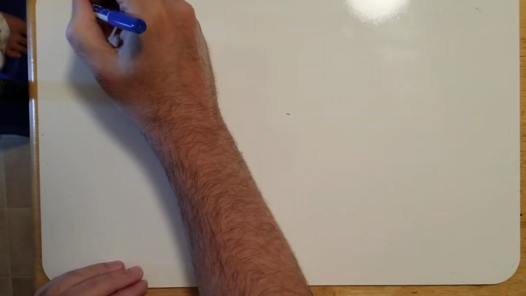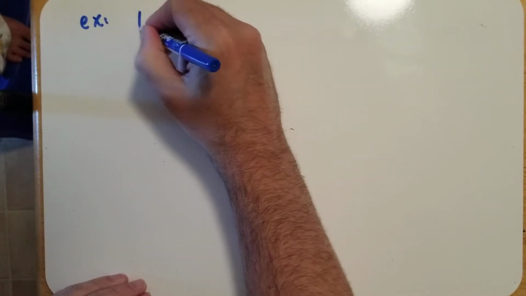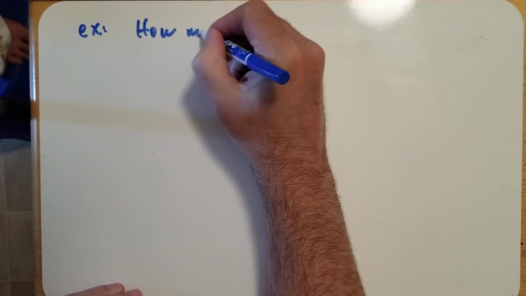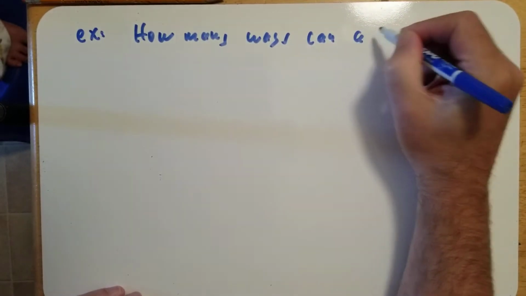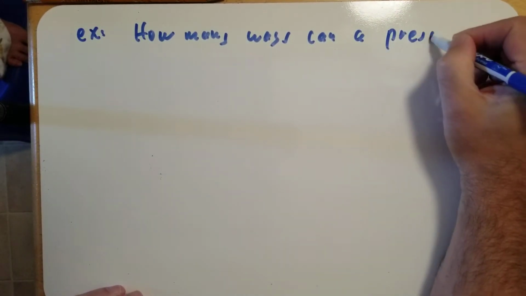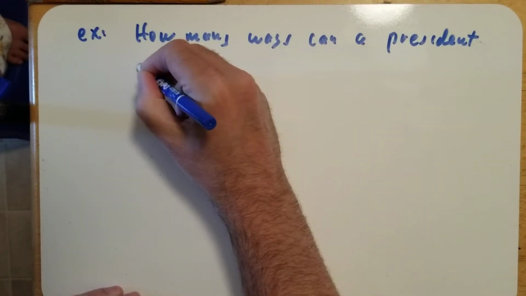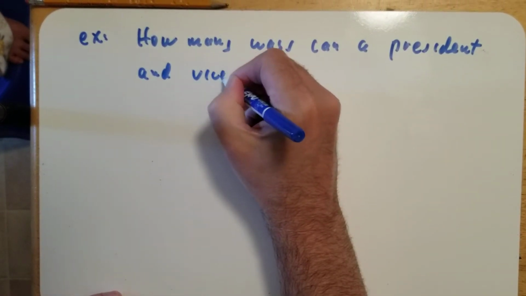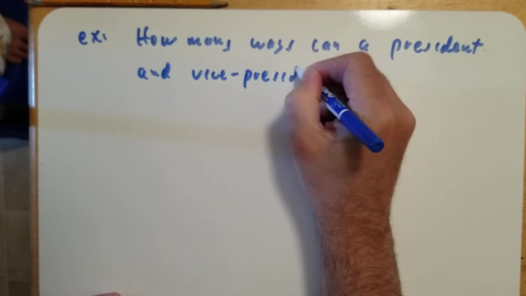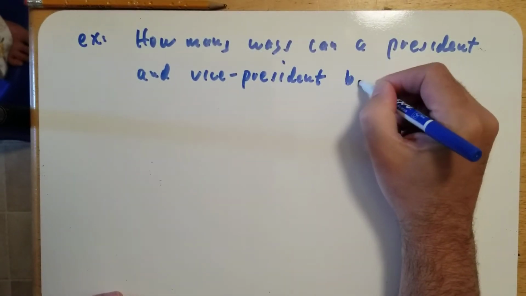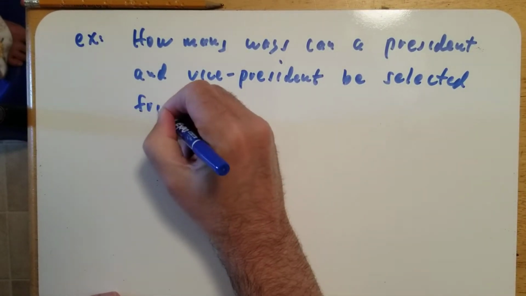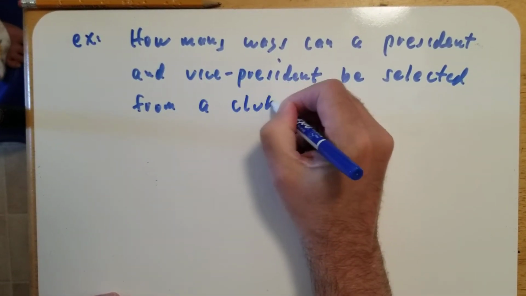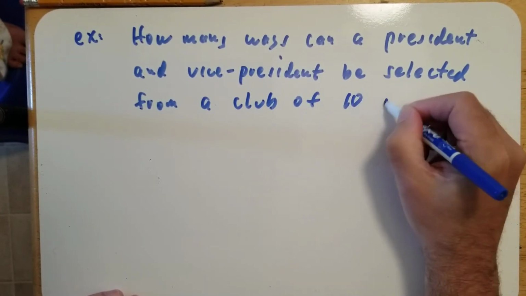Now, another kind of example, I'm going to jump into another example. How many ways can a president and vice president be selected from a club of 10 people?